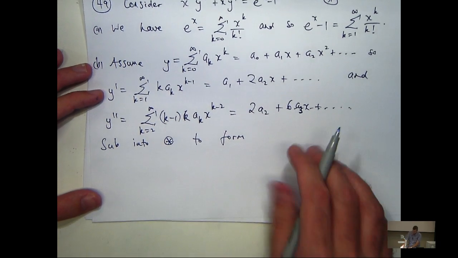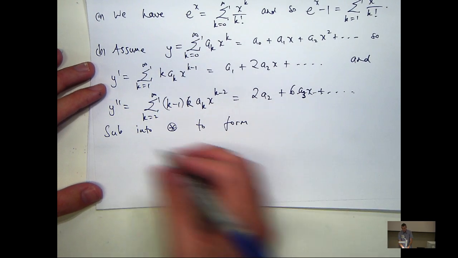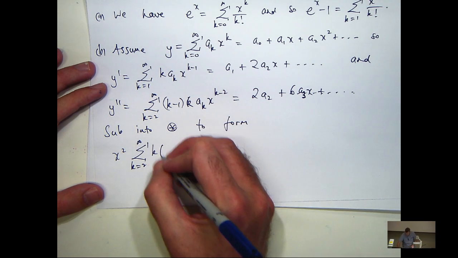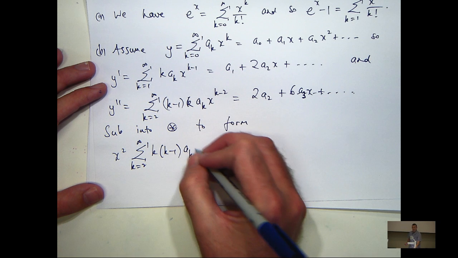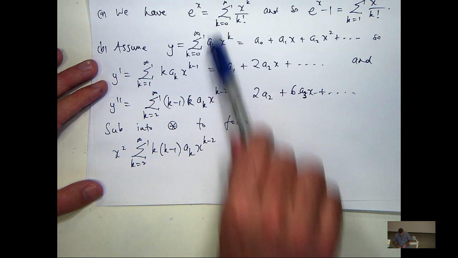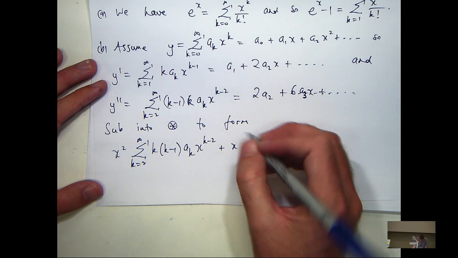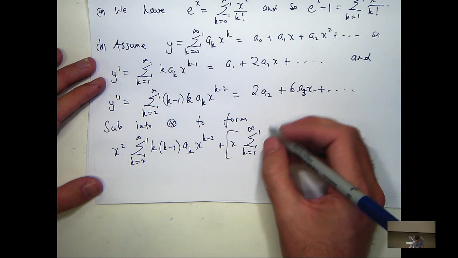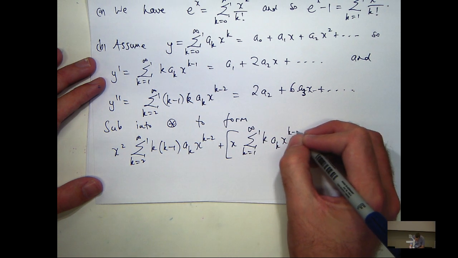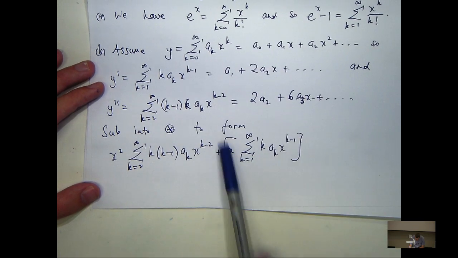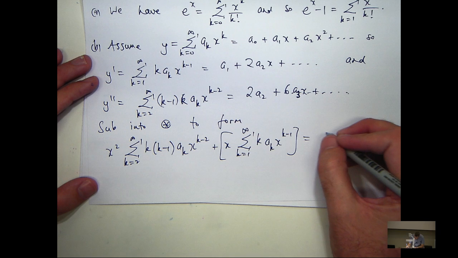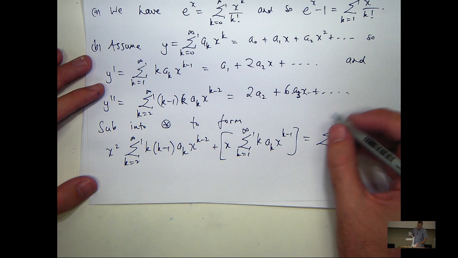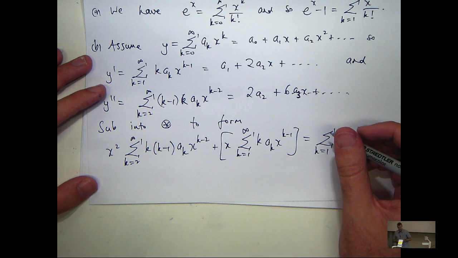Okay, so it's a little bit messy, but okay, so that's my first term, my x squared y double prime. That's my second term, x times y prime.